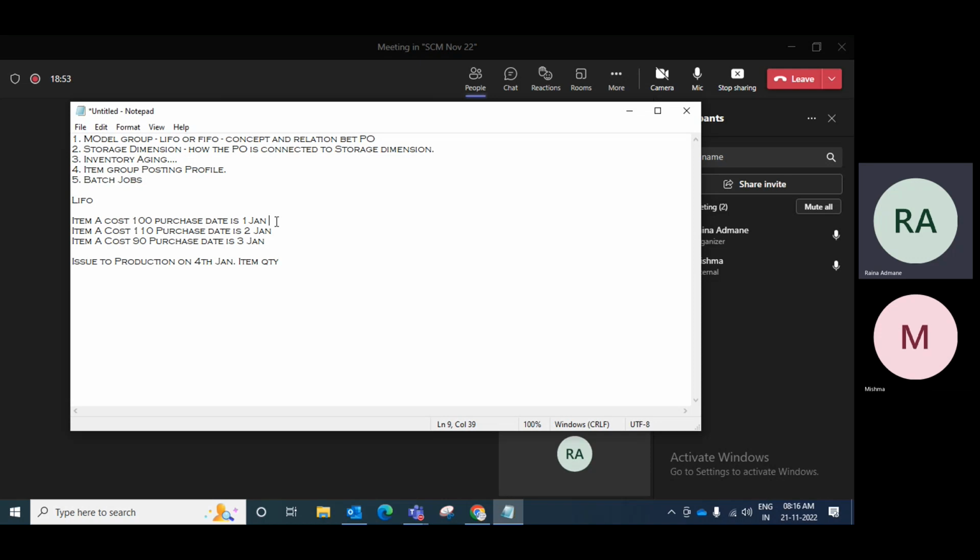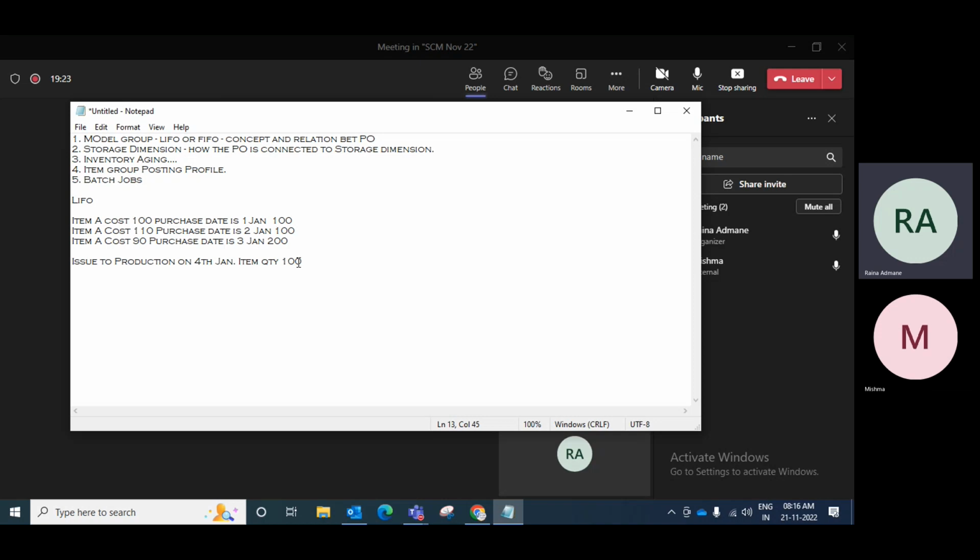So first cost is 100 and item 100 quantity. Here also let's take 100 quantity. Here we take 200 quantity, for example. Now we have 400 quantity with different rates. Now you are issuing this item to the production on 4th January and you want to issue quantity as 100 first. So what will be the cost at the time of issue to production?